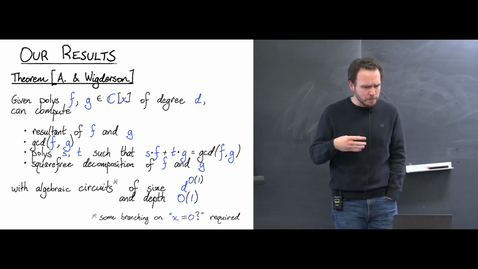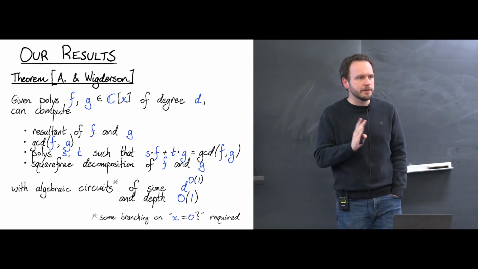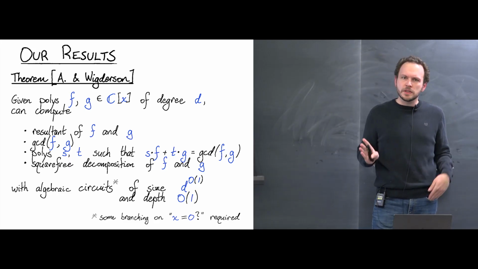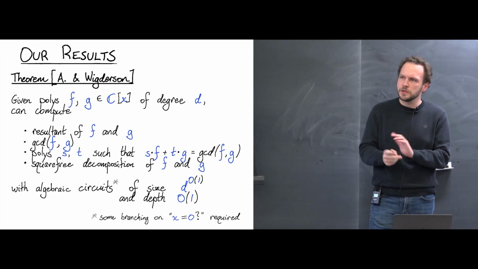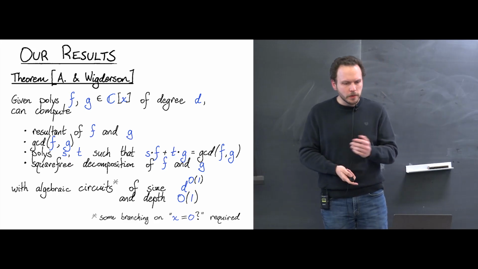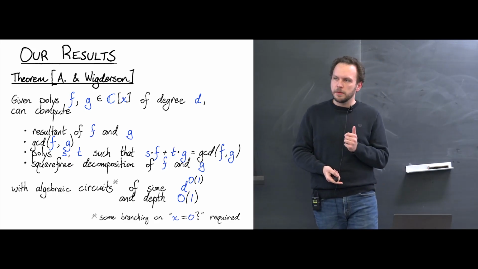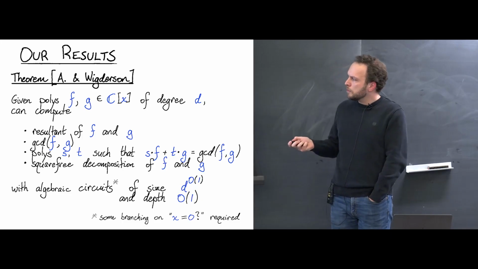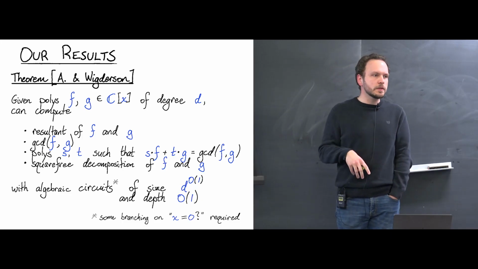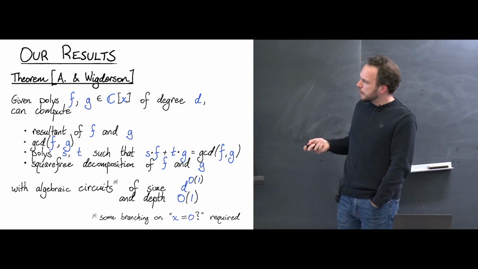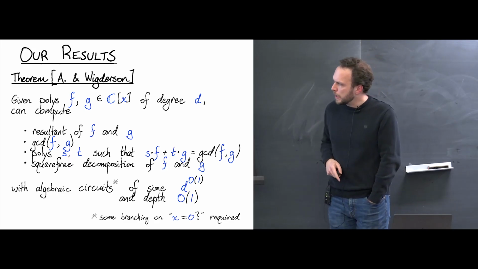And we can also compute something called the square-free decomposition of f and g. If you don't know what this is, it's a structured partial factorization of the two polynomials. And we can compute all of these using algebraic circuits of polynomial size and only constant depth. So this is something that you provably cannot get with general determinants, general linear algebra, and here we're able to get this very low depth.